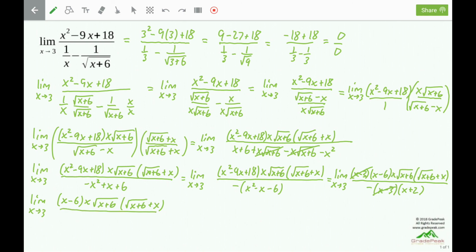So the denominator is simply negative of the quantity of x plus 2 at this point.